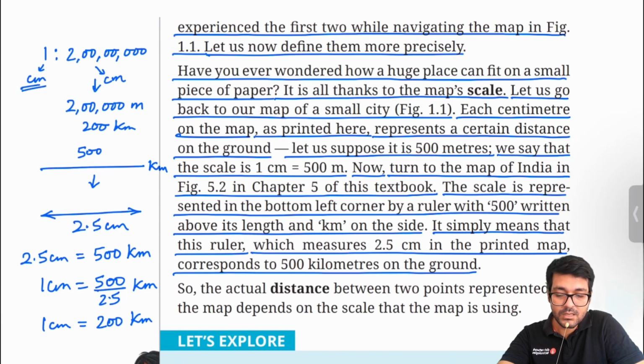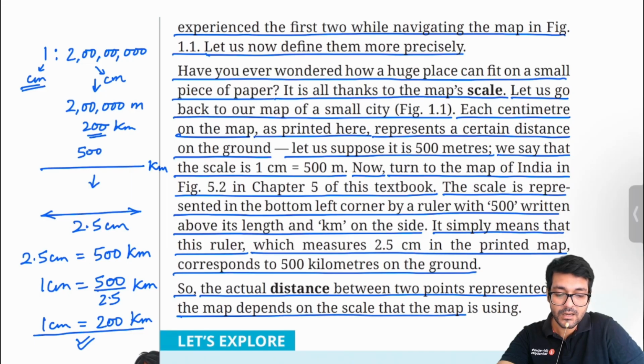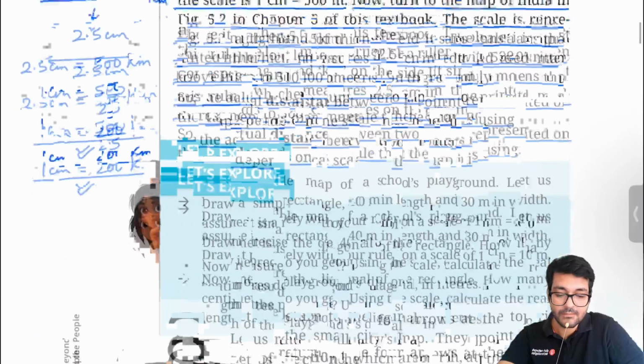That means 1 centimeter on the map is equal to 200 kilometer on the ground. The ratio scale is same as this equation scale. So the actual distance between the 2 points represented on the map depends on the scale that the map is using.